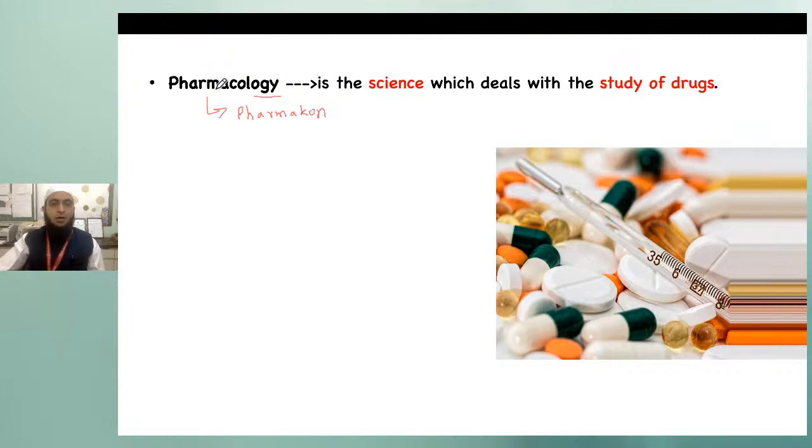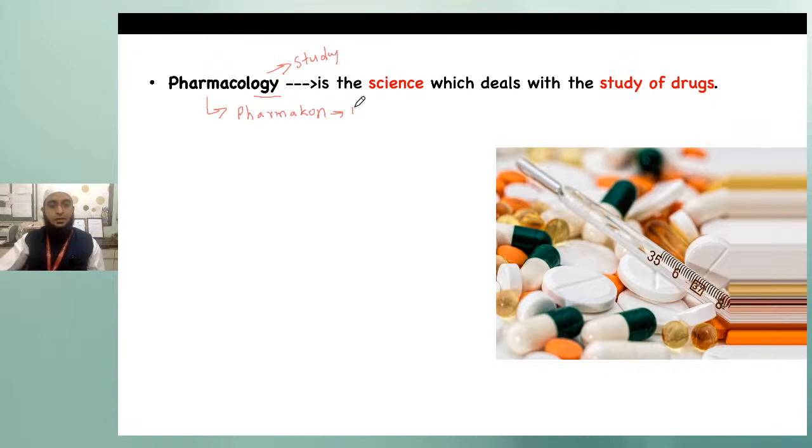Logy means the study. So pharmakon is the drug, and logy means the study. So the study of the drug is called pharmacology.